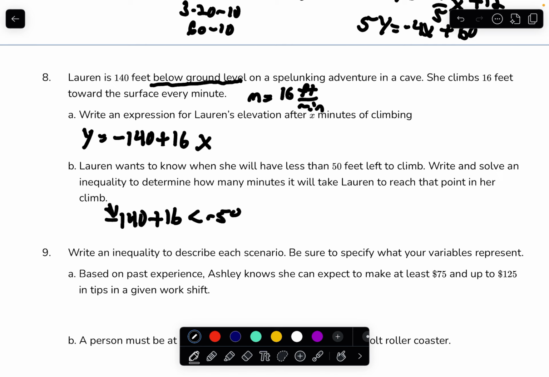Solving this, add 140. You get 16x less than 90. You add 140. Yeah, you subtract 50 from 140, that's 90. Divide 90 by 16.